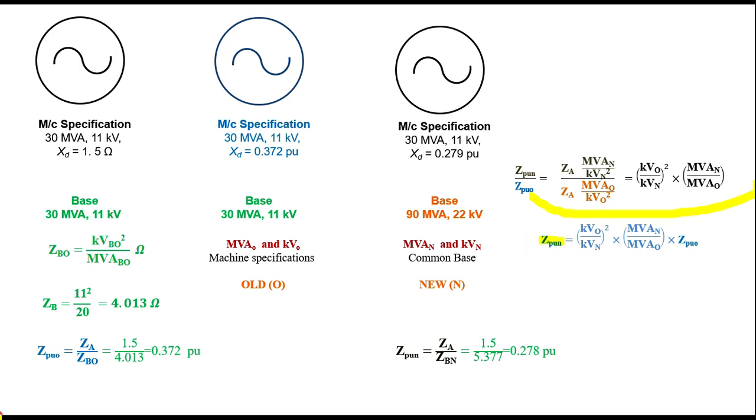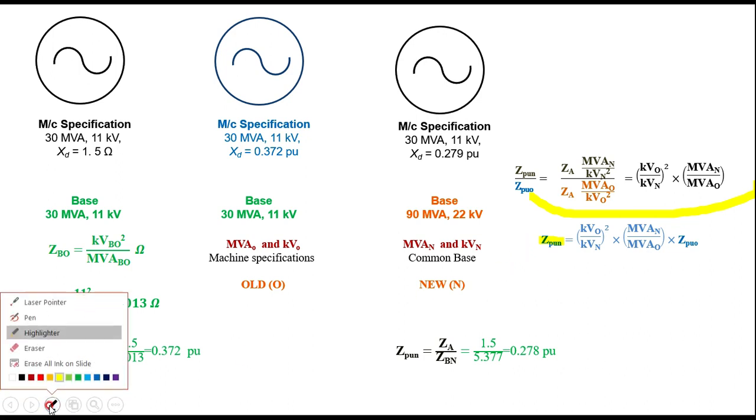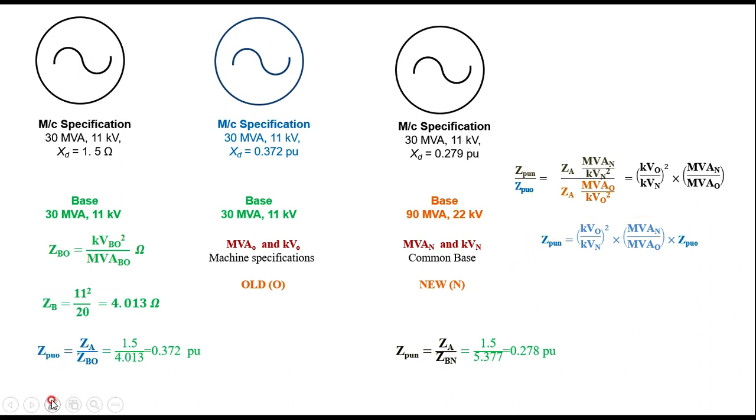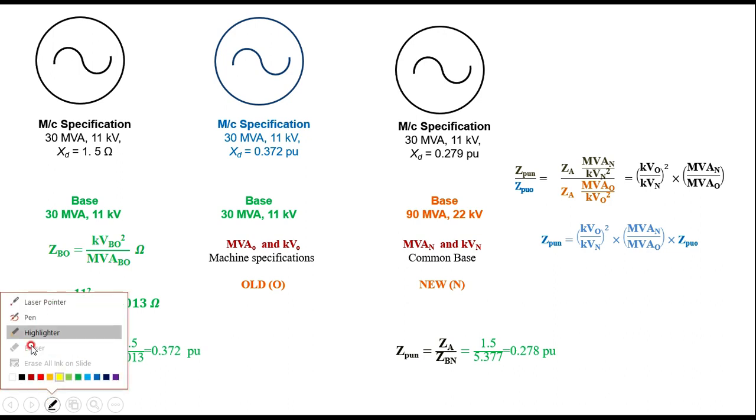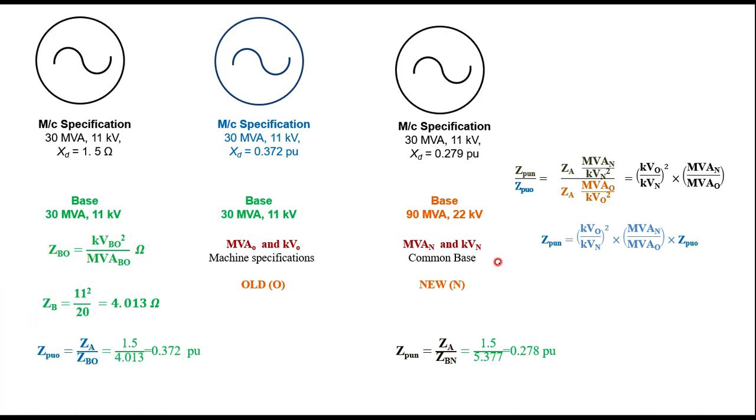This is the equation, the expression for new per unit in terms of the old base volt ampere as well as base voltage, the new base volt ampere and new base voltage, and the old per unit value.